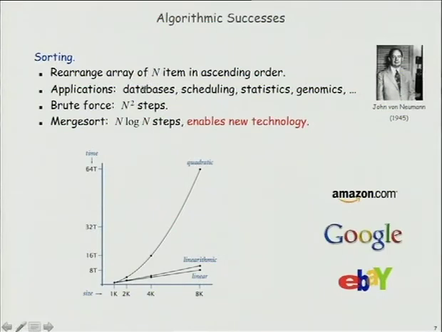Now, if you look at it and you count the number of steps that the brute force way would use to solve this problem, remember brute force is the straightforward way, you don't think about it clearly, you just do it, that would take n squared steps. So just to make sure, if I have n items and I count the number of steps, it would take n squared steps.